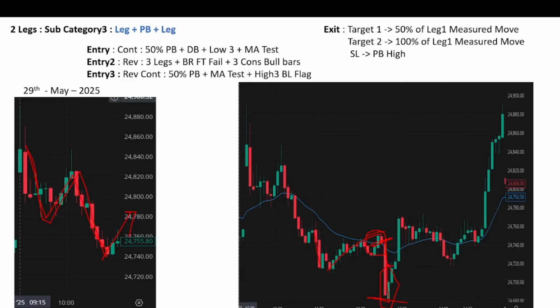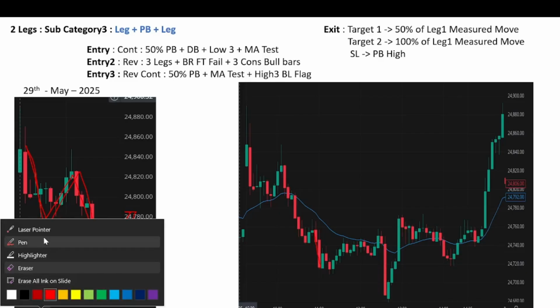Let's say you didn't enter on the low 3, but you entered after this very big bull breakout bar. In that case also you can exit at the 2 consecutive strong bull bars. If we are following the system, you can eventually catch this big trade, and keep your loss very small. The entry 2 will be a reversal trade.